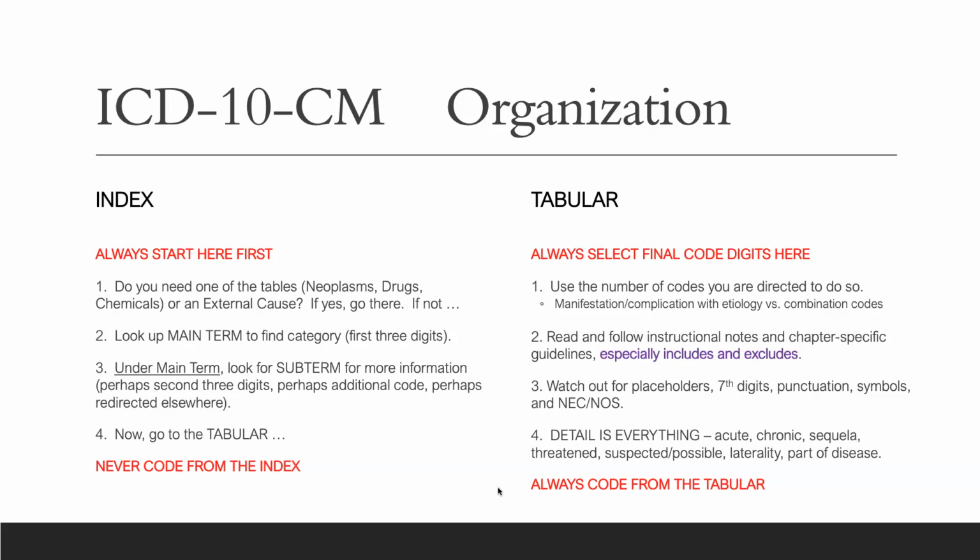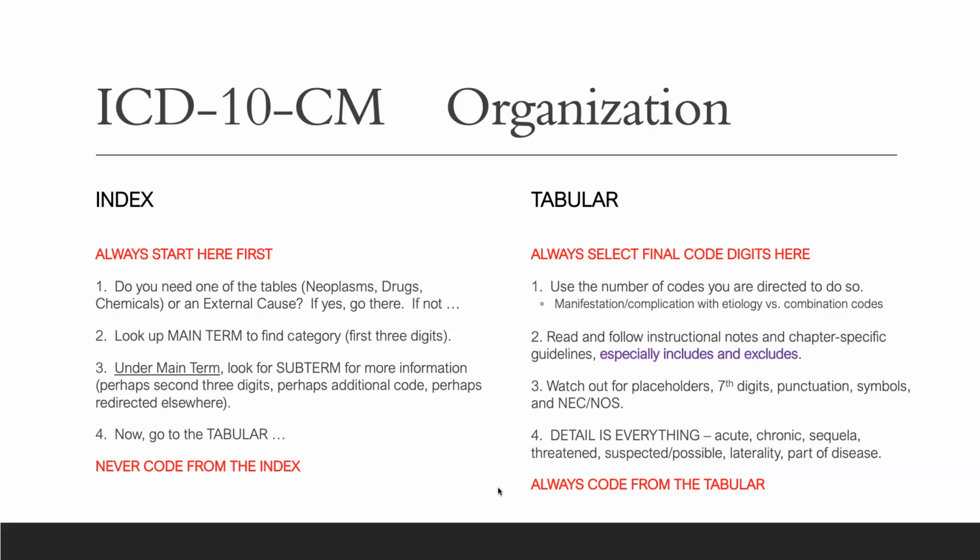So if you don't need a neoplasm, a drug or chemical, or an external cause, then you're going to go straight to the index, and look up the main term to find the category, those first 3 digits. Once you find the main term, you look for a subterm with more information.